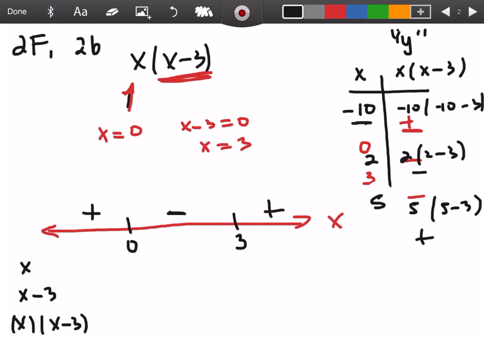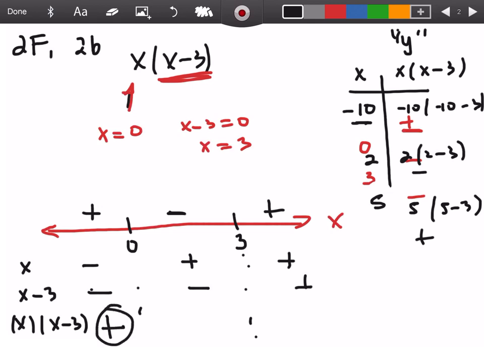I didn't bother doing each factor. If I wanted to, well, when x is to the left, x is negative, and x minus 3 is negative. Between the zeros, x is positive, and x minus 3 is negative. To the right, x is positive and x minus 3 is positive. Then when you multiply them out, remember how we did that? Negative times a negative is a positive.